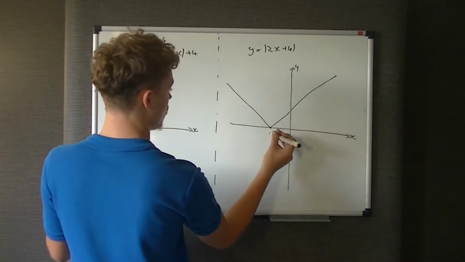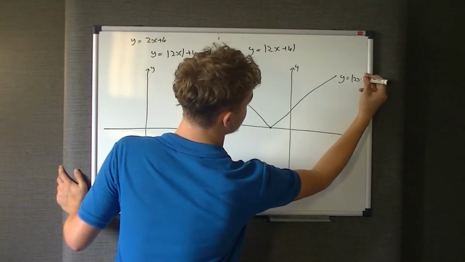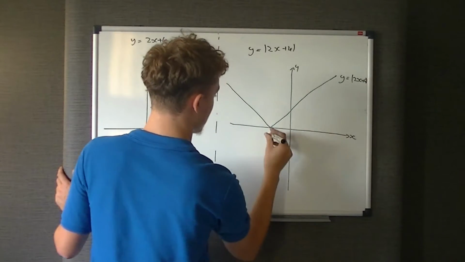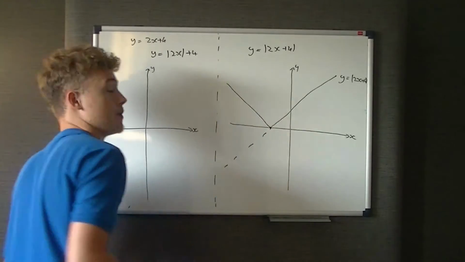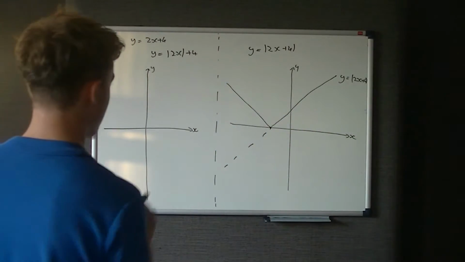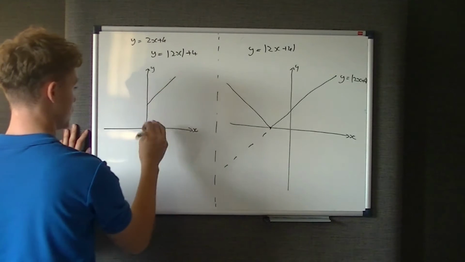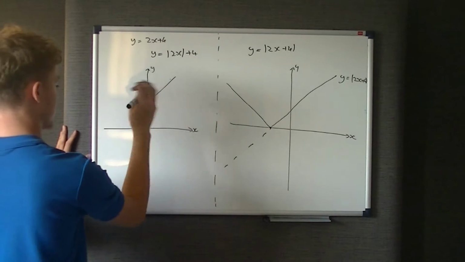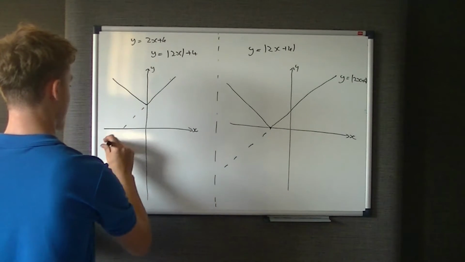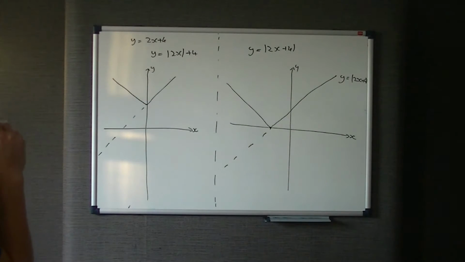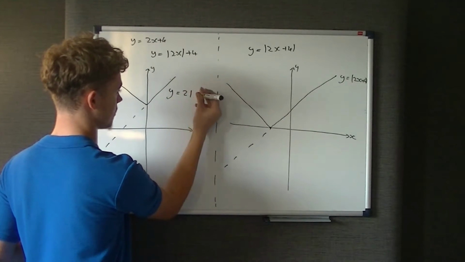Essentially, what it tried to do, this y equals 2x plus 4, it would try to go down here, but obviously because the whole thing is modulus, it bounces back up. Essentially, it bounces off the x-axis. Whereas this same equation here, we're still going down, but when we hit this point, because it's reflected from the left to the right, it goes up like that. So you can see how the two graphs are very different, even though they're the same equation. You can see how having the modulus makes a difference.